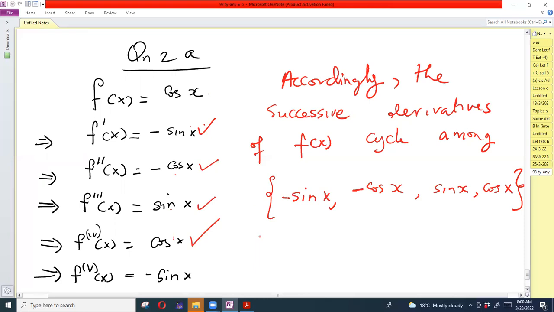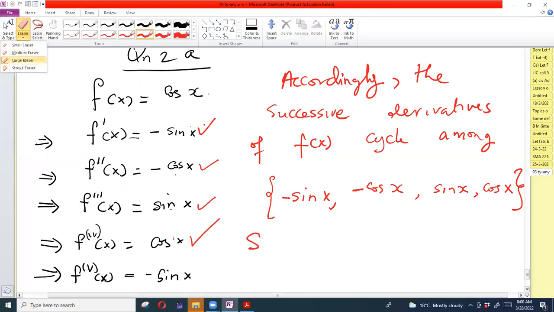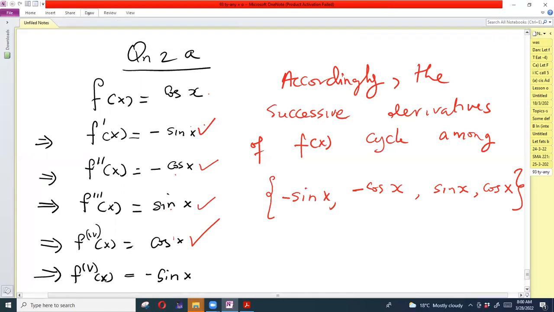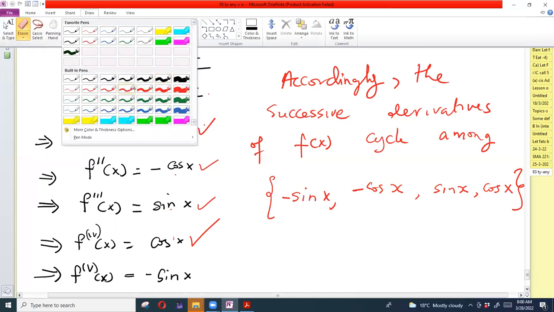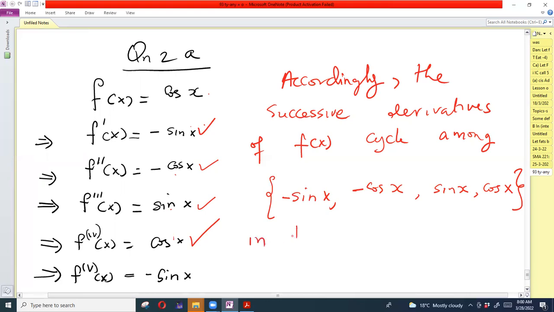And this happens for all derivatives in that order as they increase.